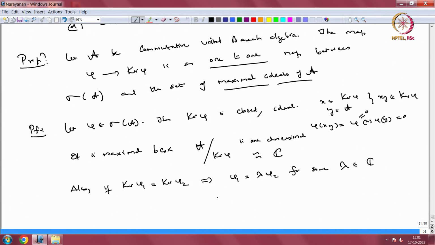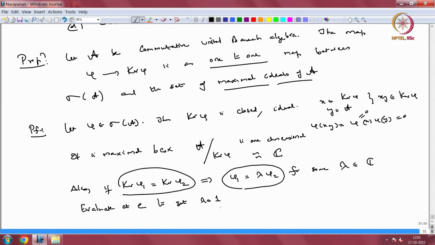Evaluate at the identity E to get lambda equal to 1, because on the left hand side you have 1 and on the right hand side you have lambda. So, if I take two multiplicative linear functionals whose kernels are the same, they are the same. Because of that, phi going to kernel of phi is a 1-1 map.